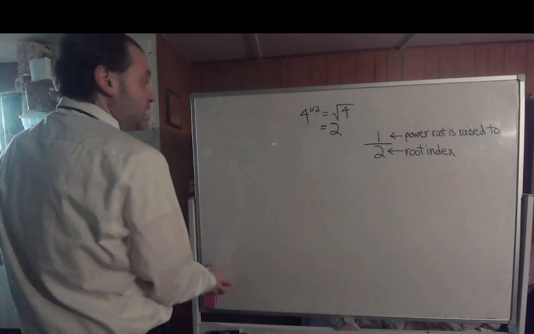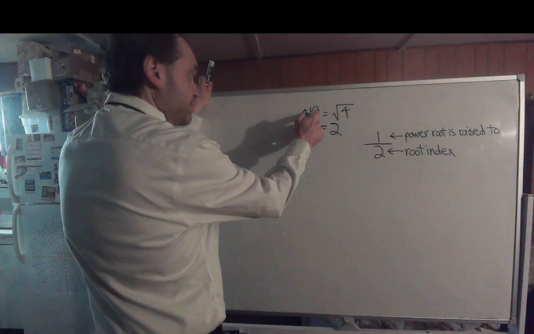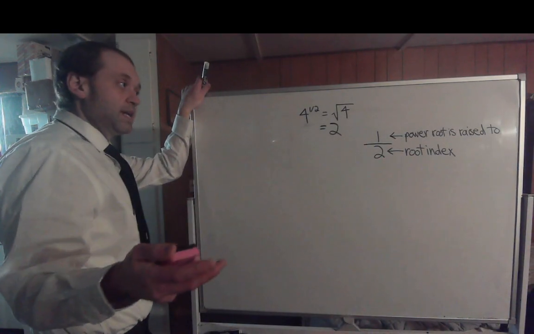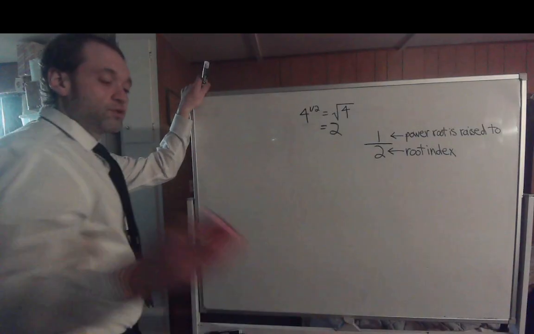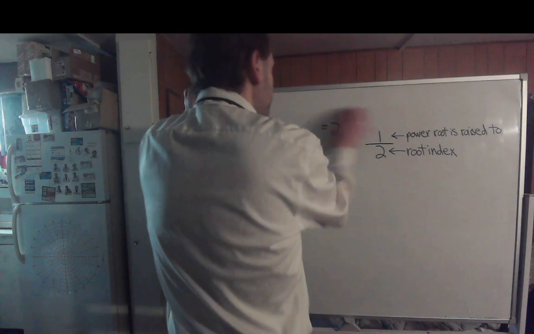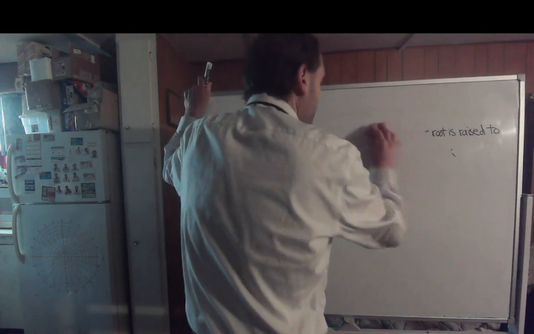So the denominator of the fractional exponent is your root index. That tells you what root you're taking. The numerator is the power you're raising that root of the number to. So fairly simple, really.